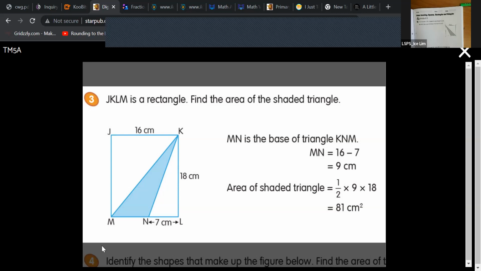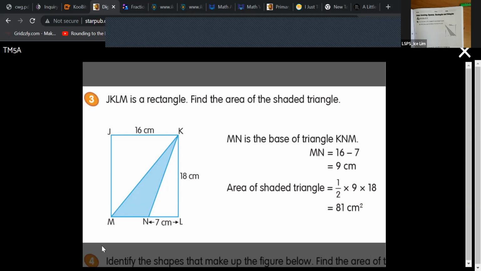If I don't have the measurements to find the answer directly, I go to: can I cut the shape? Cutting the shape is not very convenient. Then: can I do big shape minus the unshaded part?